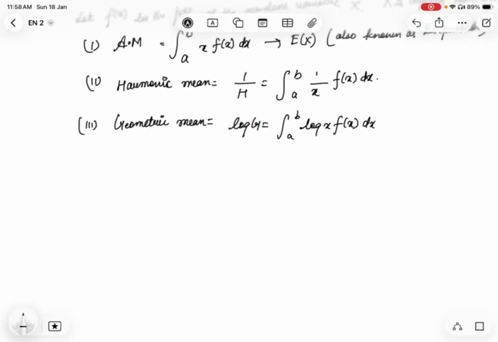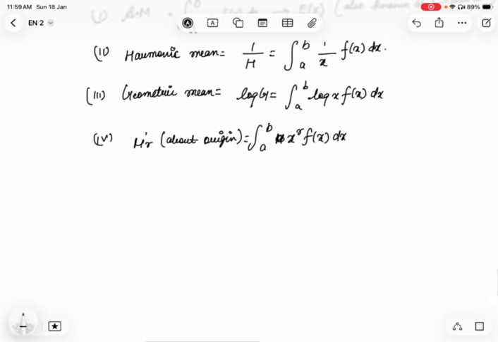You take the log to that side, then you will get G. Then the fourth is mu r dash, the r-th moment about the origin, which is the integral from a to b of x^r f(x) dx. If it is about some different point x equal to A, then it is the integral from a to b of (x minus A)^r f(x) dx.